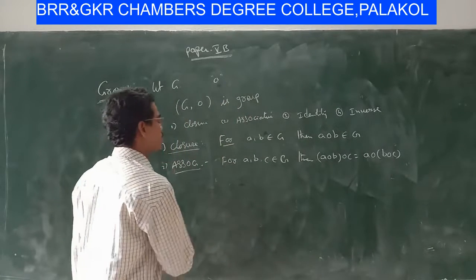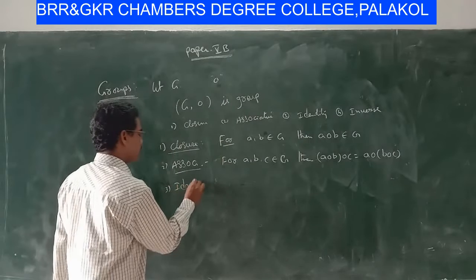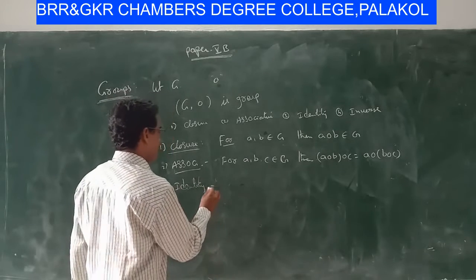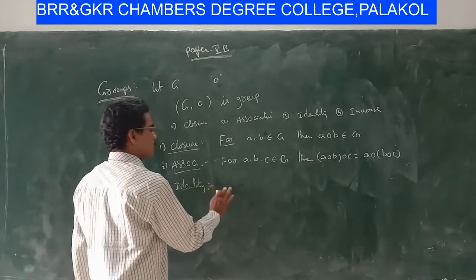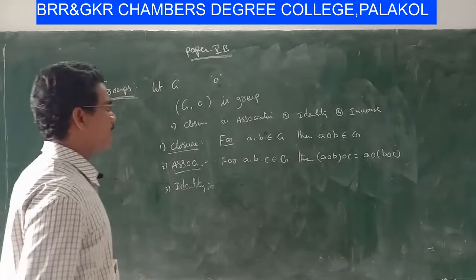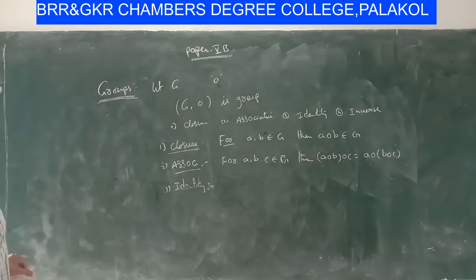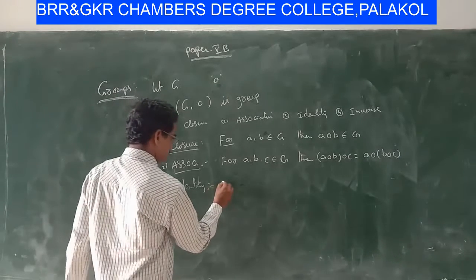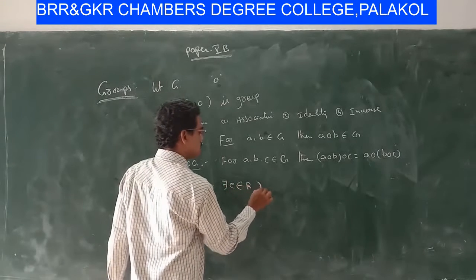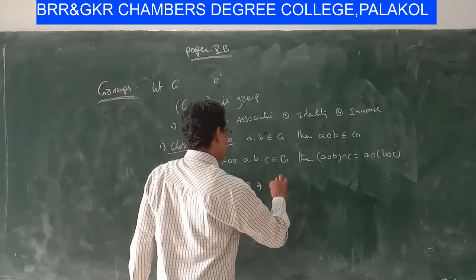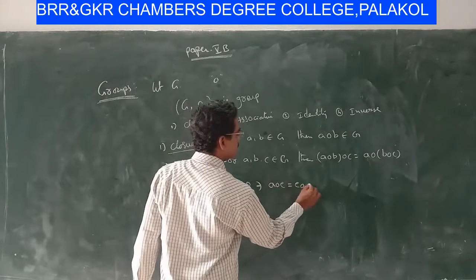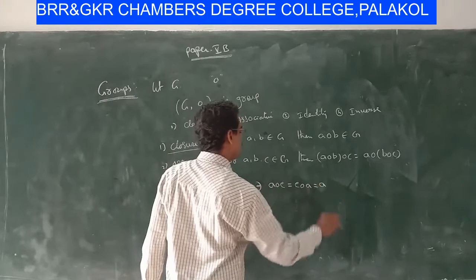Third one, identity. Identity means there exists e belongs to G such that a circle e equals e circle a equals a.